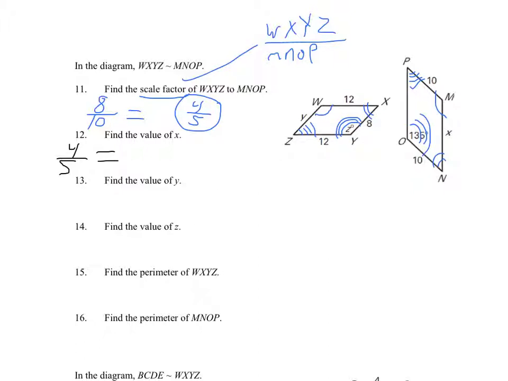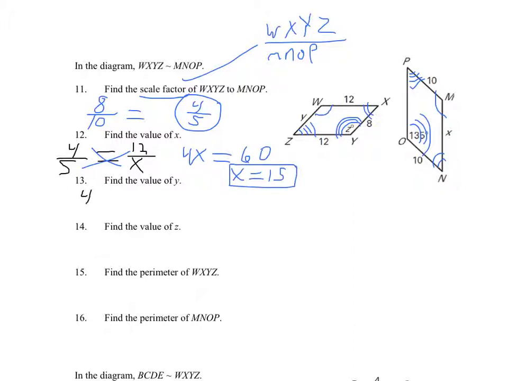So 4 to 5 equals 12 to X. Because you want to go in the exact same order that we did up here if you're going to use the same scale factor. Now that you have that set up, it's just a matter of cross multiplying. So we have 4x equals 5 times 12 is 60. Divide, and we realize that x equals 15.